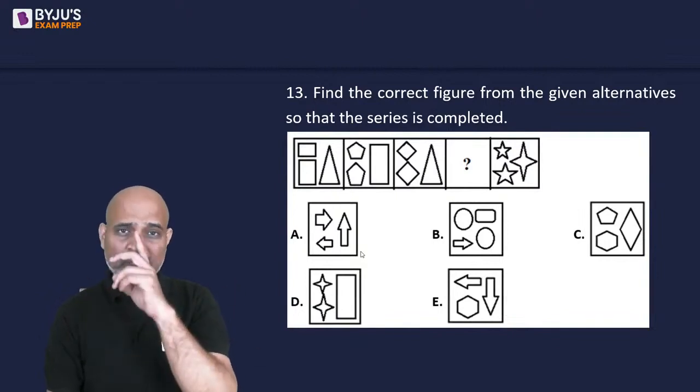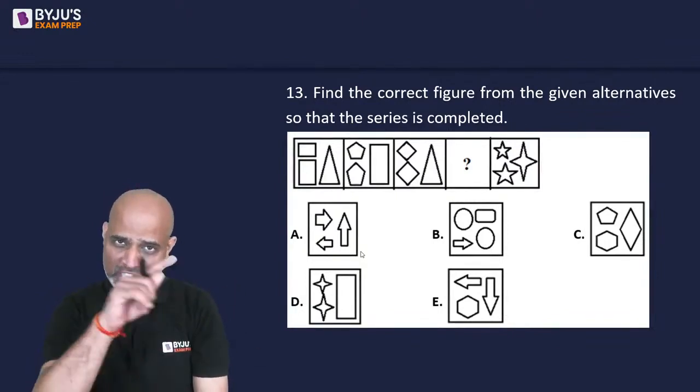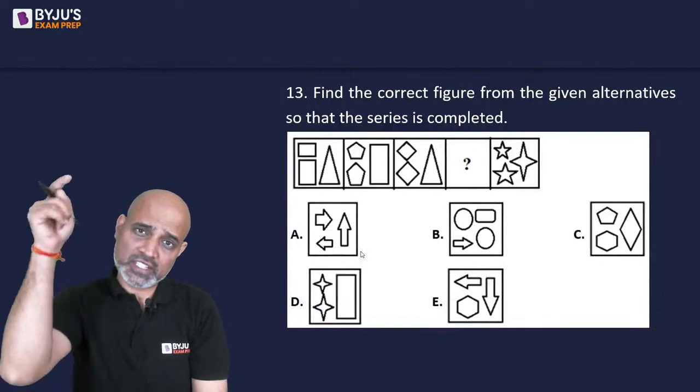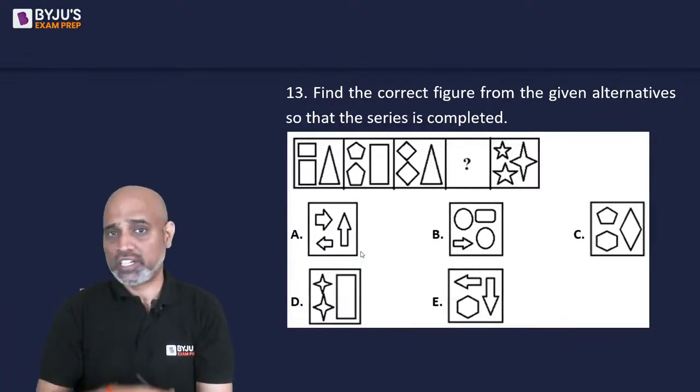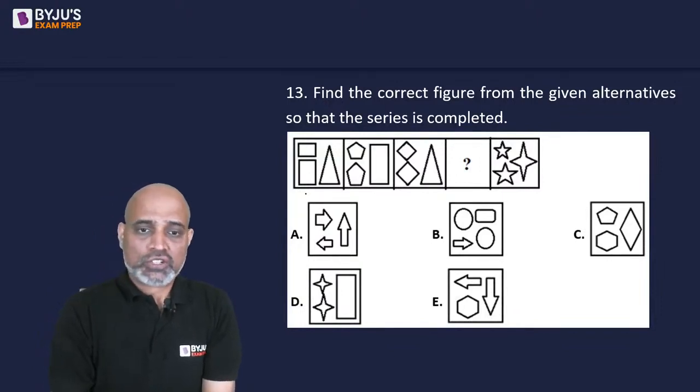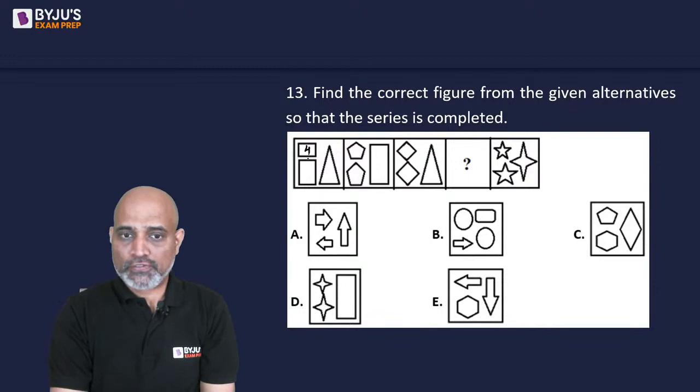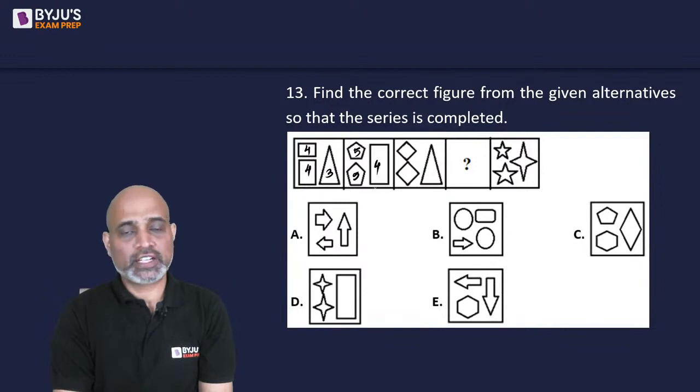First and second figure में relation मत ढूंढो. Whatever relation exists, the relation exists in the same figure. It's not related to the next one. So you have four-sided figure, four-sided figure, three-sided figure. You have five-sided figure, five-sided figure, four-sided figure. You have four-sided figure, four-sided figure, three-sided figure.